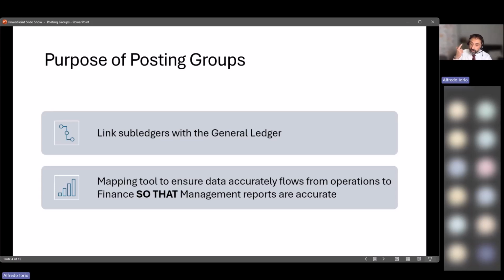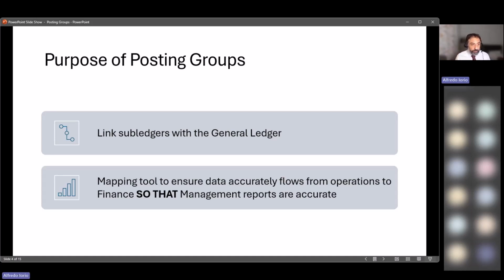Item ledger entries, customer ledger entries, vendor ledger entries, bank account ledger entries, capacity ledger entries. Those are all ledgers that store information about transactions without posting straight to the general ledger, right? If you post a journal for an expense, no subledgers, straight to the general ledger, right? If you purchase an item, subledger, item ledger entry. The simplest way to explain it to your team and to your client, and everybody will understand.